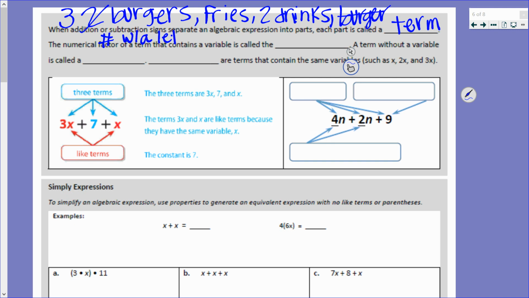Does that make more sense to you than me saying the numerical factor of a term? Yeah, a little bit. Okay. So the number with a letter is called the coefficient. Coefficient.